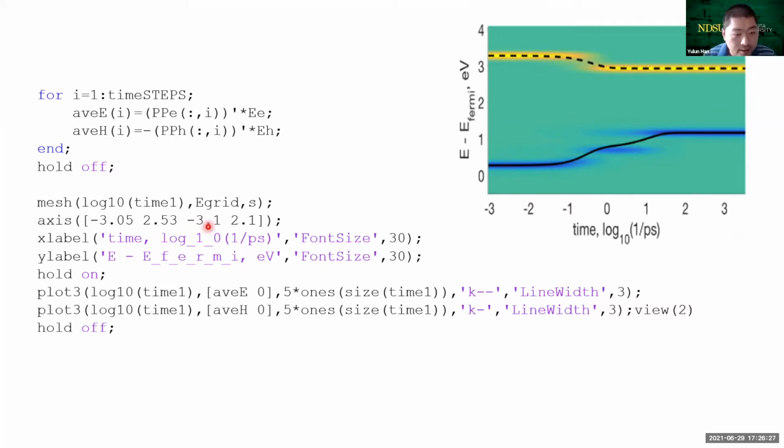You have the axis command. Then modify these numbers. So the first two are initial and final X, and the last two are initial and final Y, right? Actually, the first one and third one are for X. Second one and fourth one are for Y.